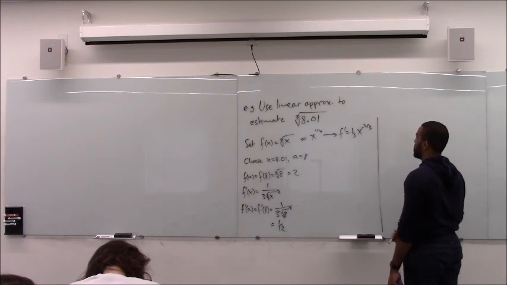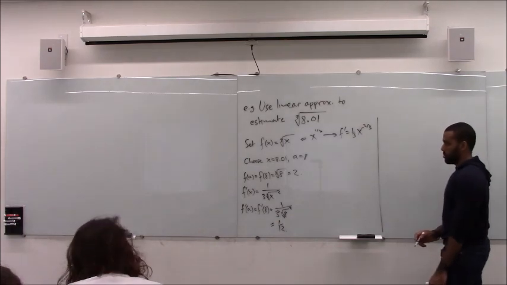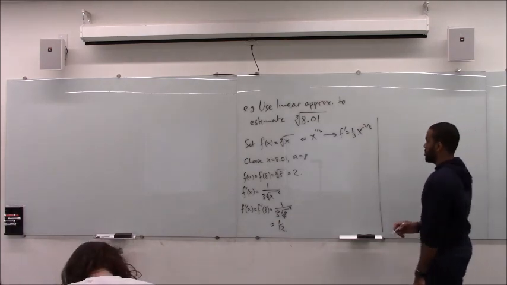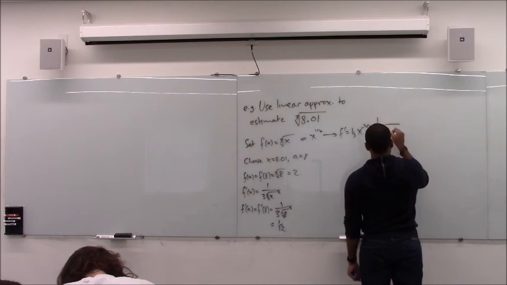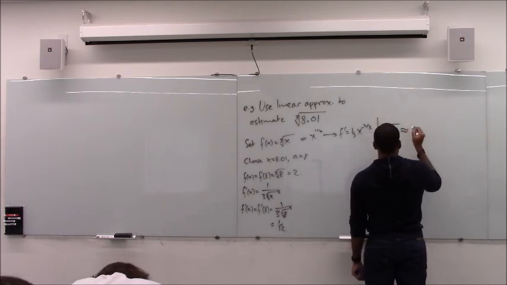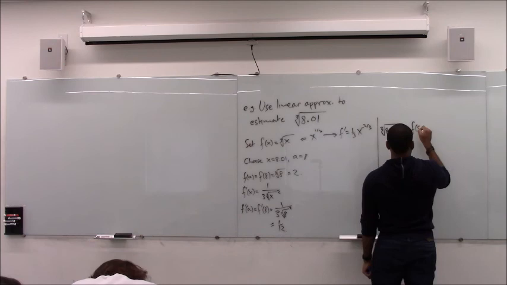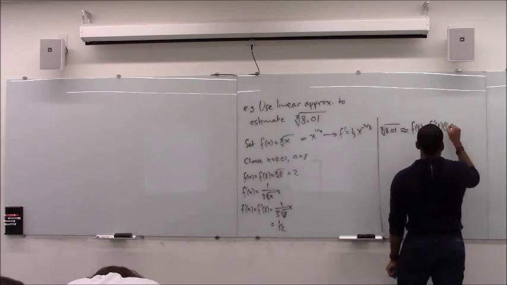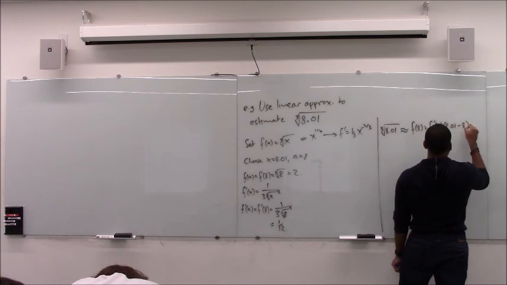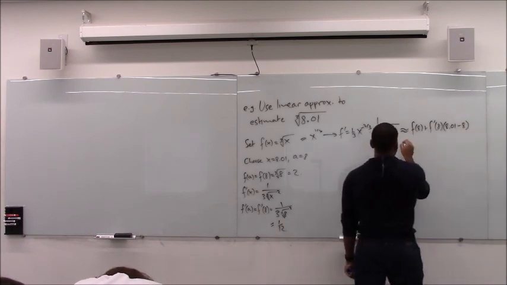Okay, so now what? Plug into the linear approximation formula. Right. So the cube root of 8.01 is going to be approximately equal to f of 8 plus f prime of 8 times 8.01 minus 8.